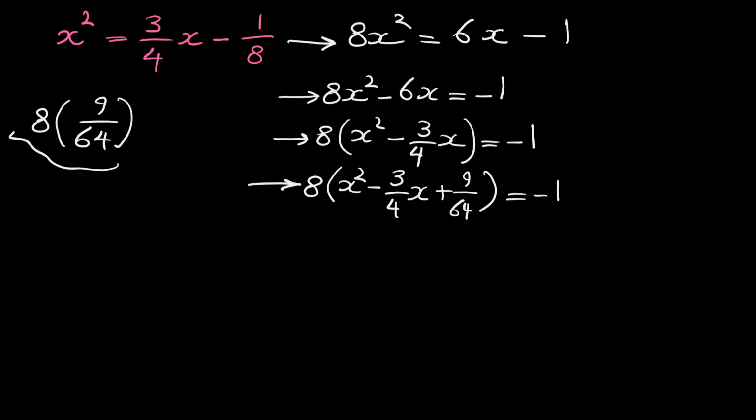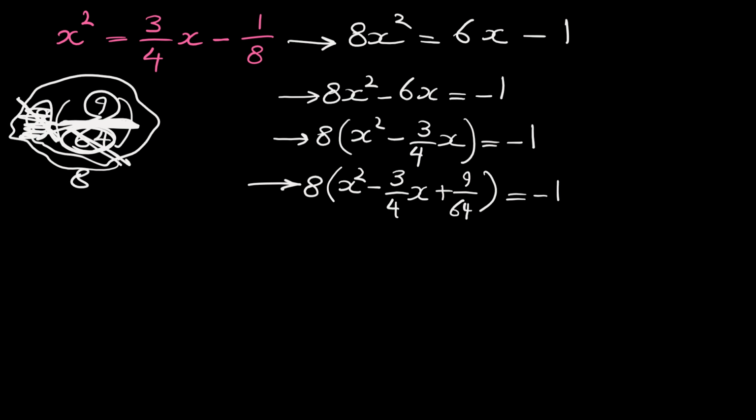The bad way to calculate this is to multiply 8 by 9, then divide by 64. The better way is to simplify first 8 by 64. 8 with 64 cancels, because 64 is 8 times 8. This cancels with this, it is completely gone, and what remains from this? 8. So it would be 9 over 8. This is the thing that we add to the right side.